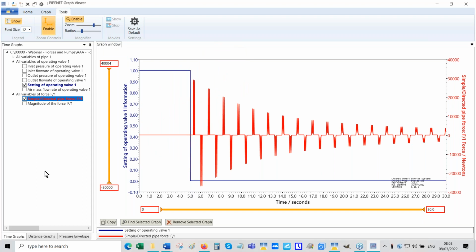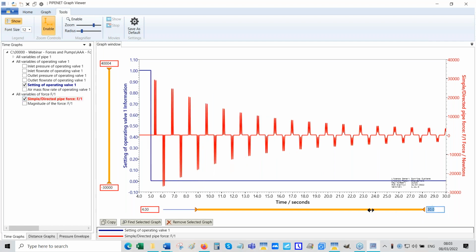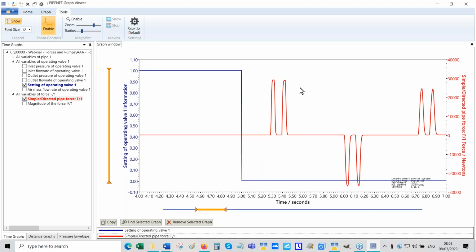That takes a little bit of explanation, but I will not explain it right now, because it's actually the time at which the pressure reaches the 2 elbows. And that's the reason why we've got this double spike. I mean, you can see it more clearly if I zoom in. So you can see these 2 spikes.